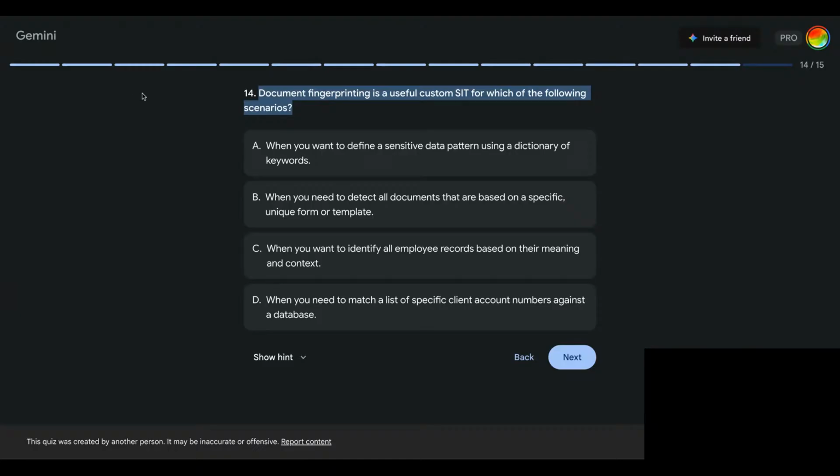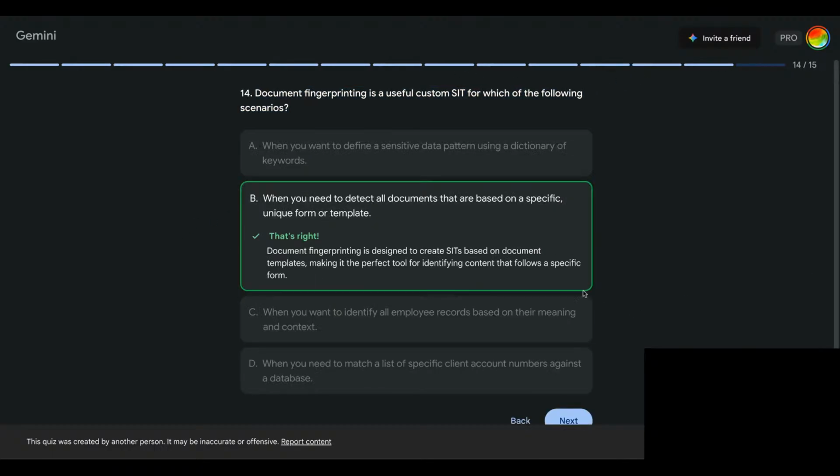Is it A, when you want to define a sensitive data pattern using dictionary of keywords, or is it B, when you need to detect all documents that are based on a specific? Okay, Sharon, you say B. Correct answer is B. Yes.